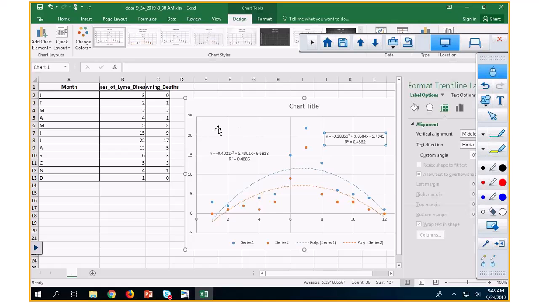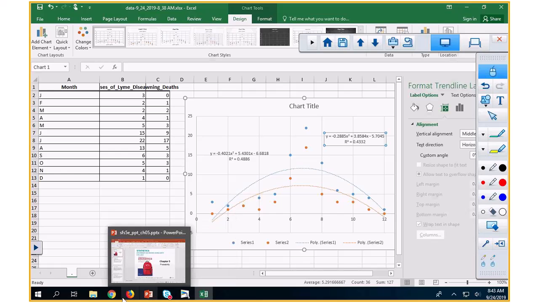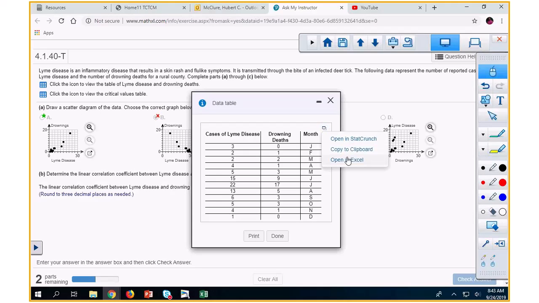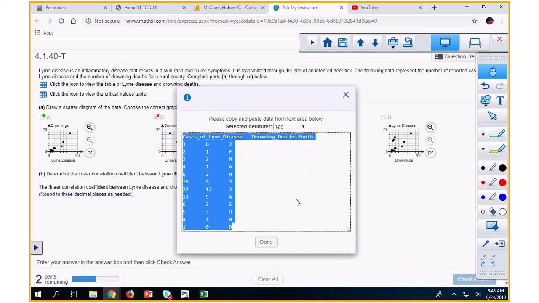Now, what I would do, if you use Google, I would go back to the question, and this is what I would do. I would hit right here, copy to clipboard. And since you can't send it to your Google sheet, you said you couldn't, right? So hit copy to clipboard, and done.